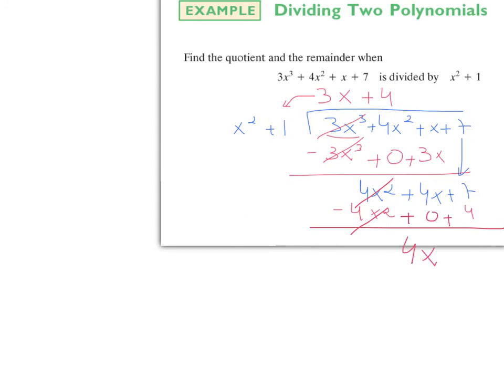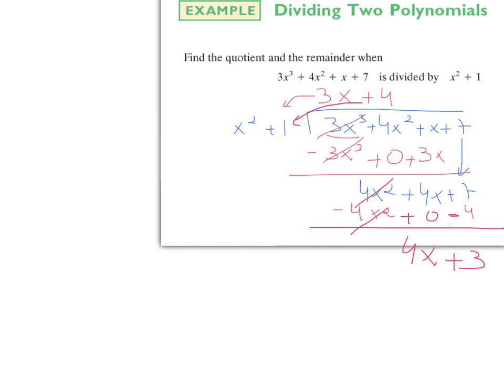4 times 1 is 4. We have to write the opposite number here, which is going to be minus 4. Now 7 minus 4 is 3. This is how we get this one. Let me make sure everything is correct here.